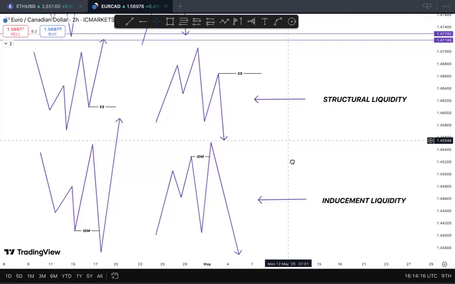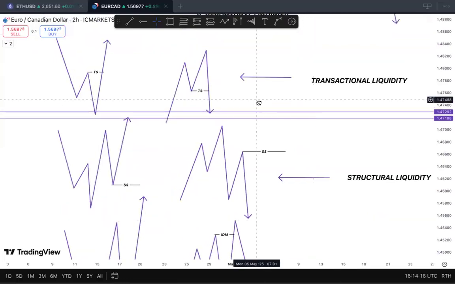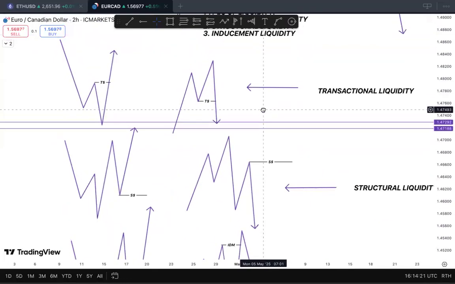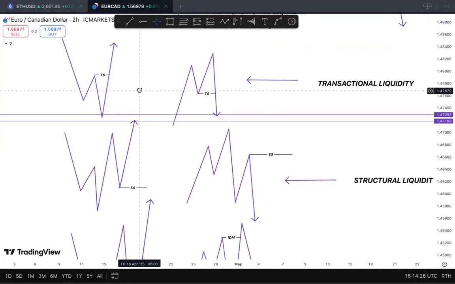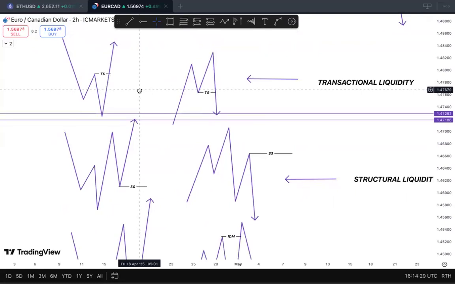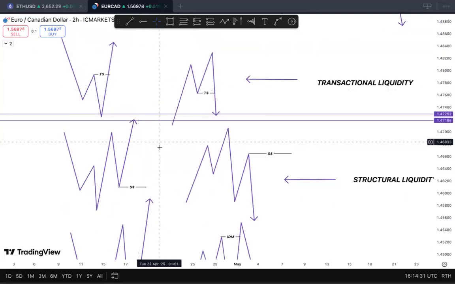Do you understand it? Let's go back. Number one, I said transactional liquidity. So this is transactional liquidity, the price movement that sweeps the recent high or low depending on the trend of the market.